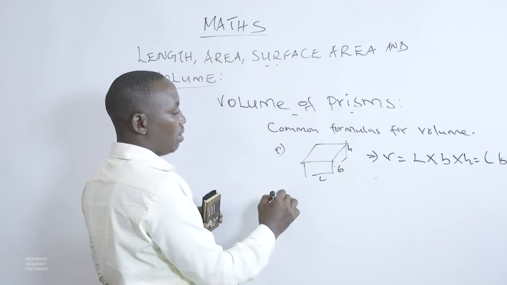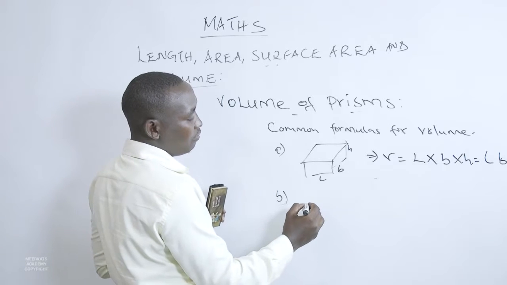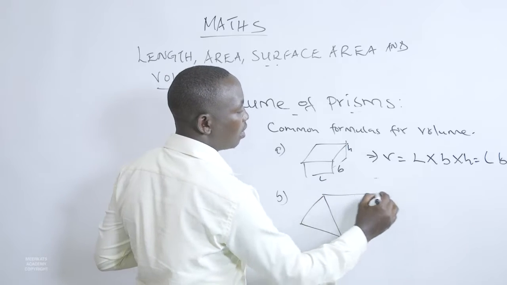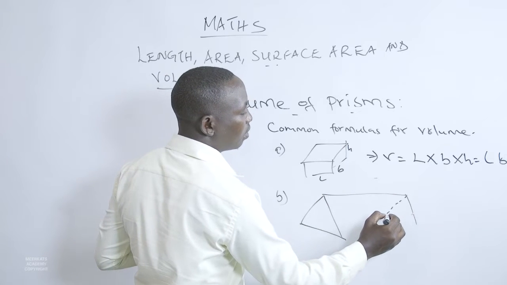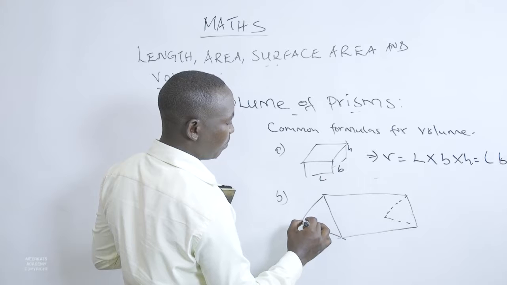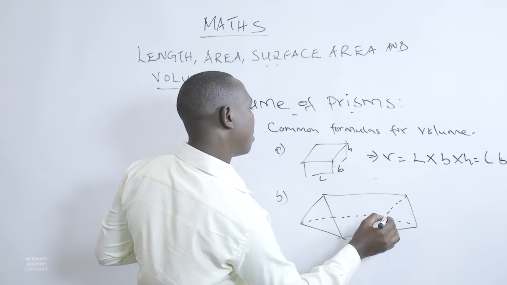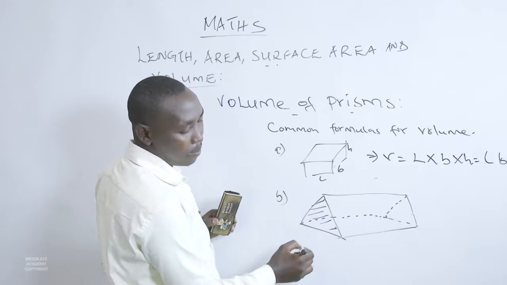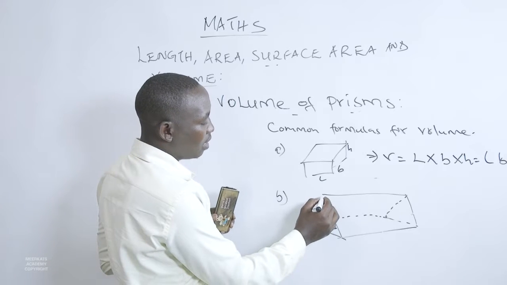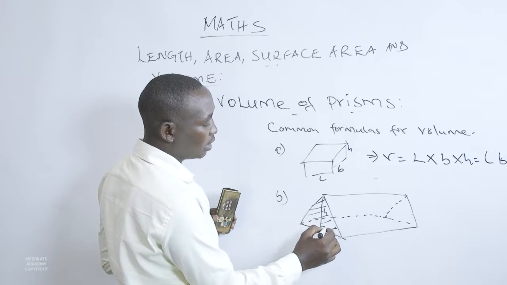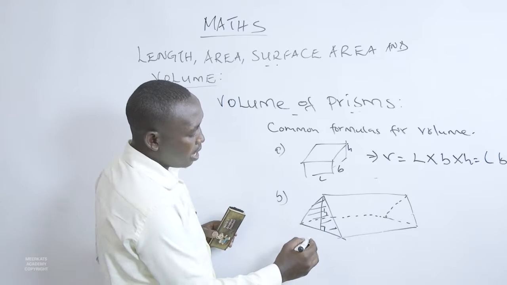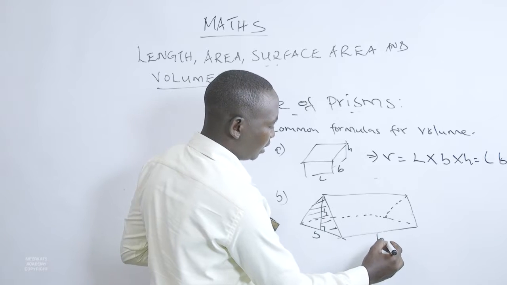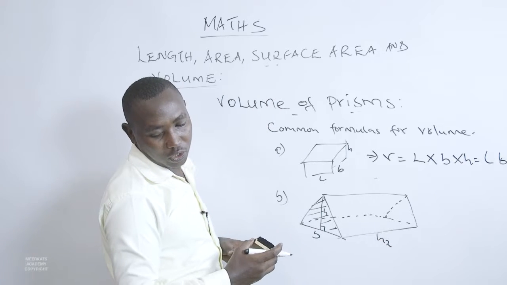LBH. Number 2, if we have a prism which has a triangular cross-sectional area, where this is the height of that particular triangle, this is the breadth of that triangle, and this is the second height, or H2.